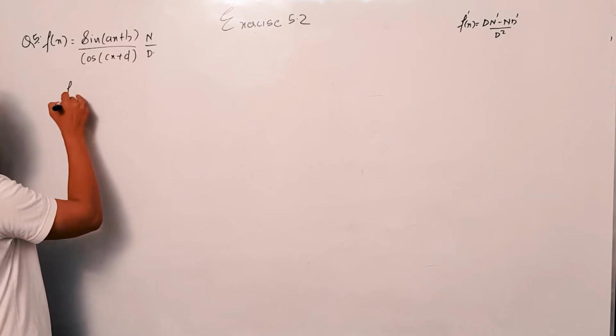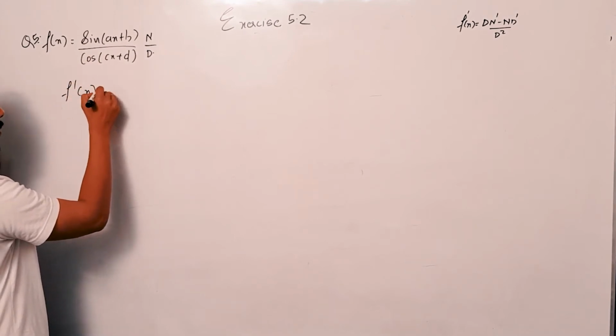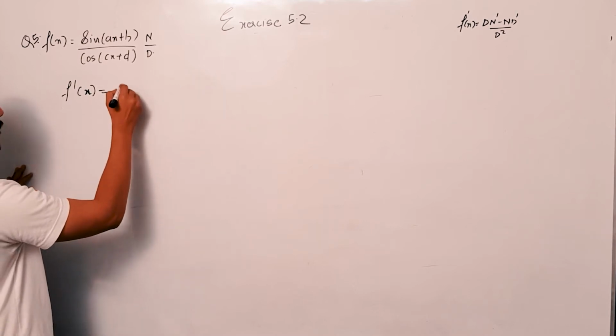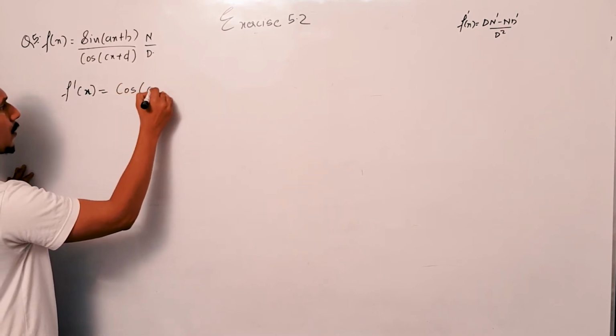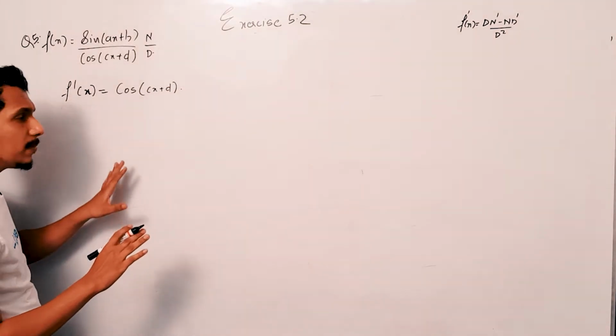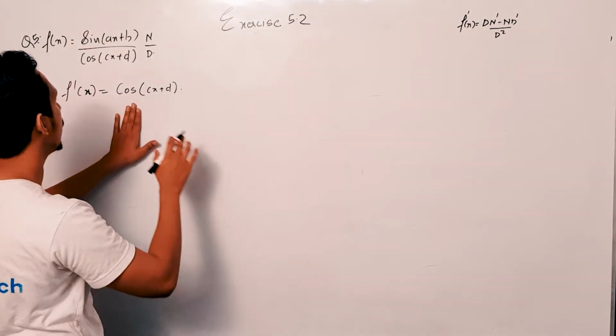F dash of x will be, observe carefully, denominator, that is cos of cx plus d. We are going very slowly so that you understand things very carefully.